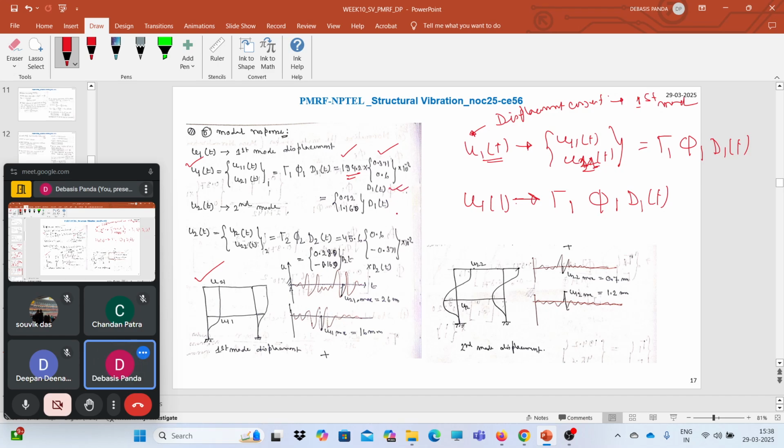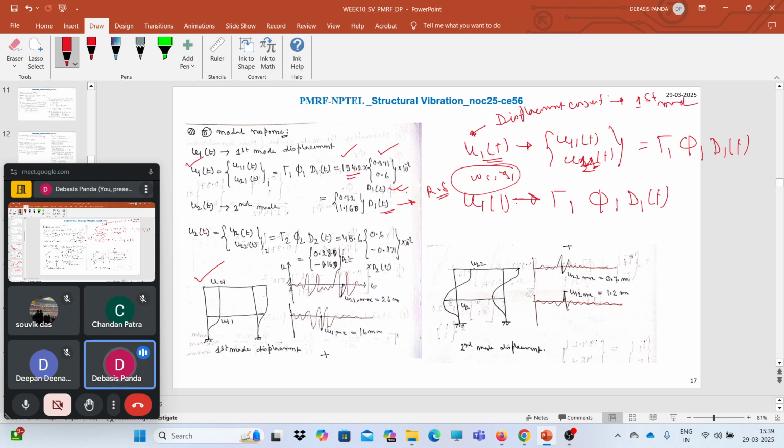Now the question is how we can calculate this d1 of t. Either we can calculate it using a numerical integration method, like the Duhamel integral and other techniques, or we can use the response spectrum to calculate it corresponding to omega 1 and zeta 1, right? It's a function of omega 1 and zeta. So for now we are considering that d1 we need to calculate.